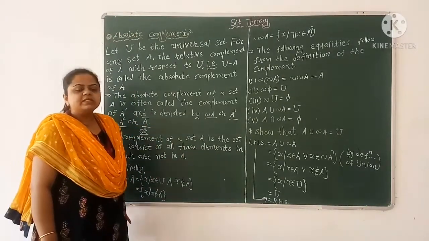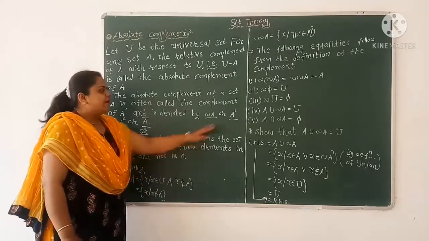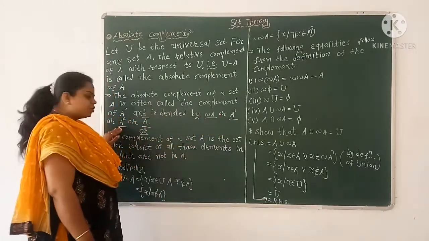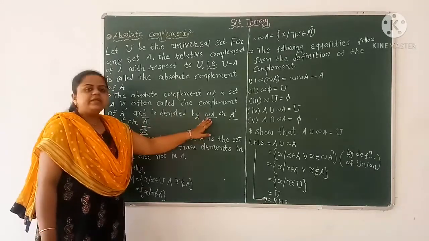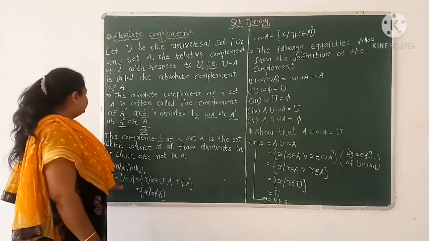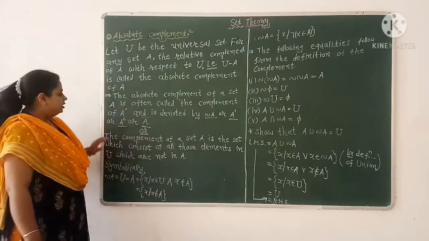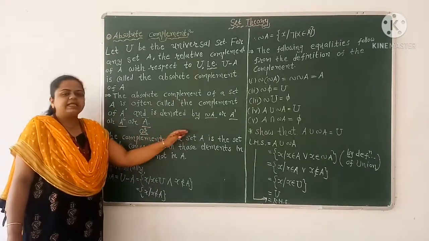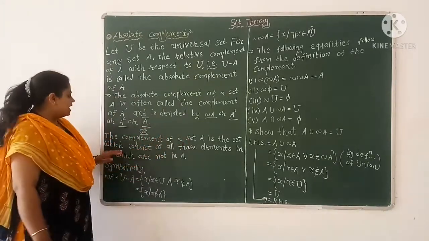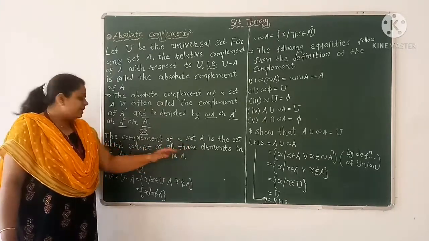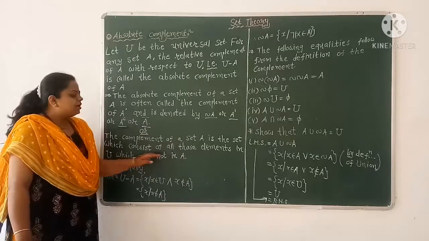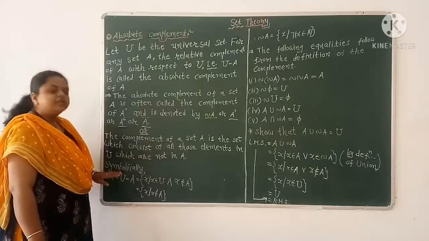In examples, we have to use A dash, A raised to C or A bar in place of complement of A. Now, the other definition: the complement of a set A is the set which consists of all elements in U which are not in A.